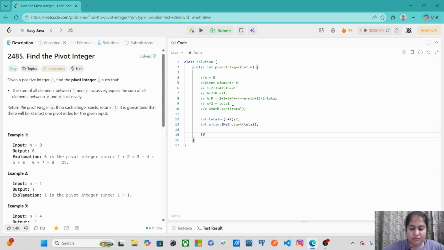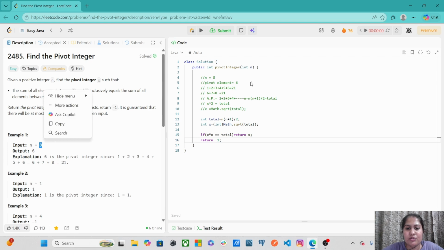And at last we'll check whether the square of x, that is x into x, is equal to total or not. If it is equal to total, then we'll return x, otherwise we'll return minus 1. Because if x square is equal to total, that means x is the pivot integer of n. Otherwise, there is no such pivot integer present.